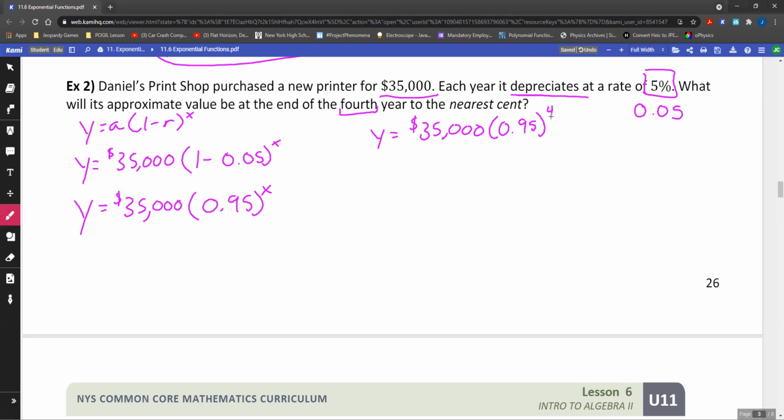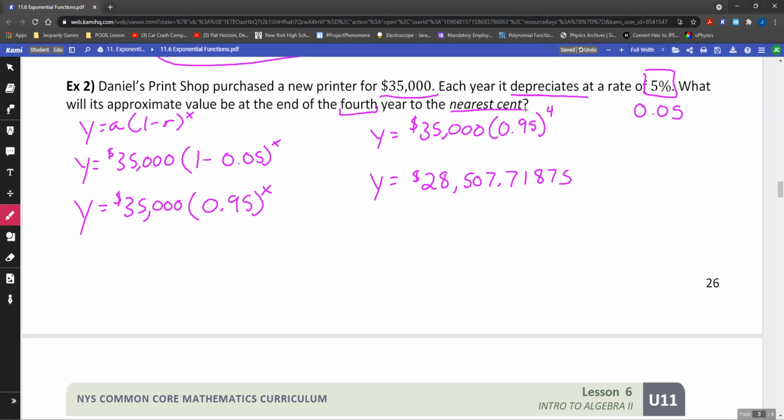Plugging all this into the calculator, I end up getting this in my calculator. Now, again, I have to pay attention to what they say afterwards. So once I get my number, I just look to see how it needs to be rounded.